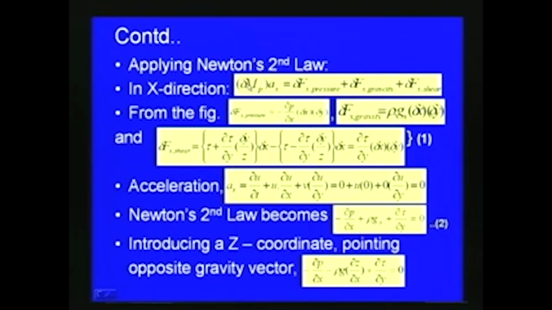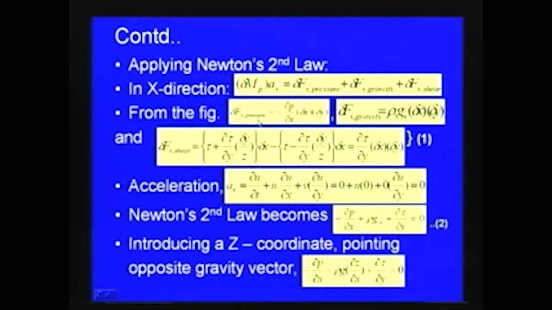In the x direction, we consider mass into acceleration. Delta m p is the mass of this particular fluid element, and delta m p into ax, where ax is the acceleration in the x direction, is equal to delta fx pressure, the pressure component in the x direction, plus delta fx gravity, the gravity force component, plus delta fx shear, the shear force component.